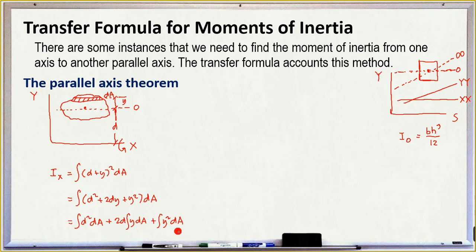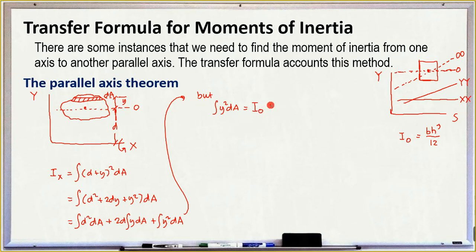Now, if you notice, the integral of y squared dA is just equal to what? Here y is the distance of dA from the centroidal axis. Actually, that is the moment of inertia of this object with respect to its centroidal axis.